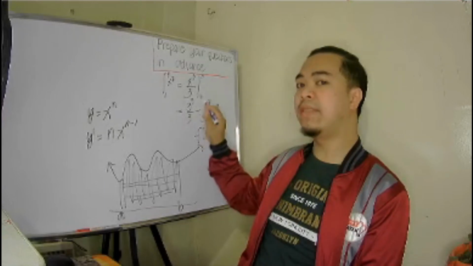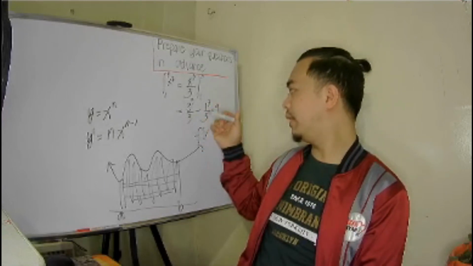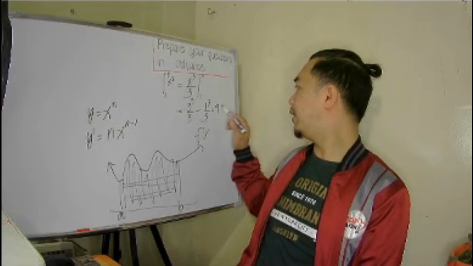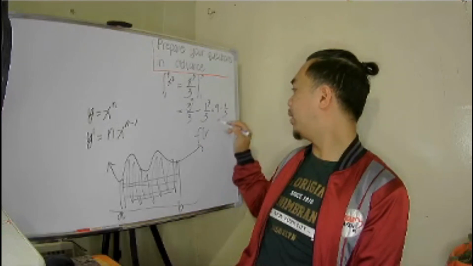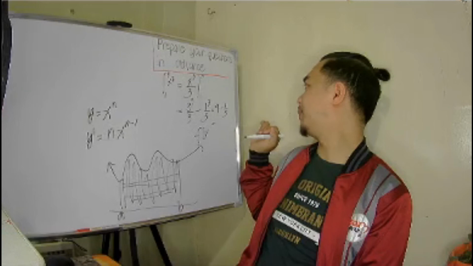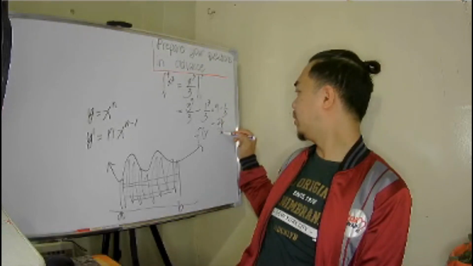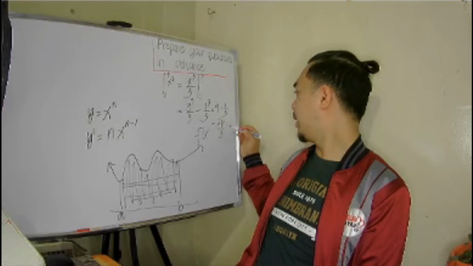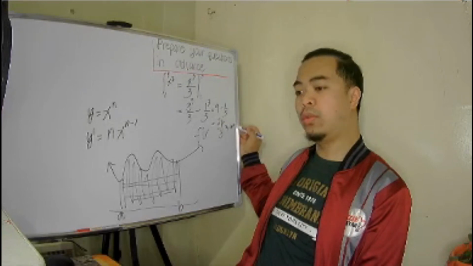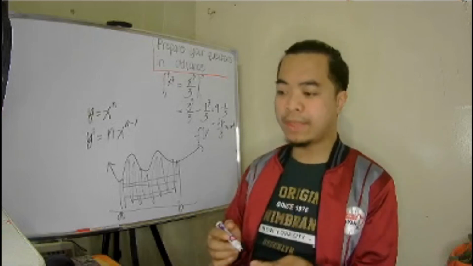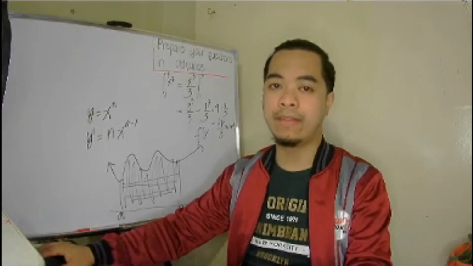That's because 3 cubed is 27, divided by 3 is 9, minus 1/3. And this would give us what? 26 over 3 squared units. Approximately, that is the same as 8.67.